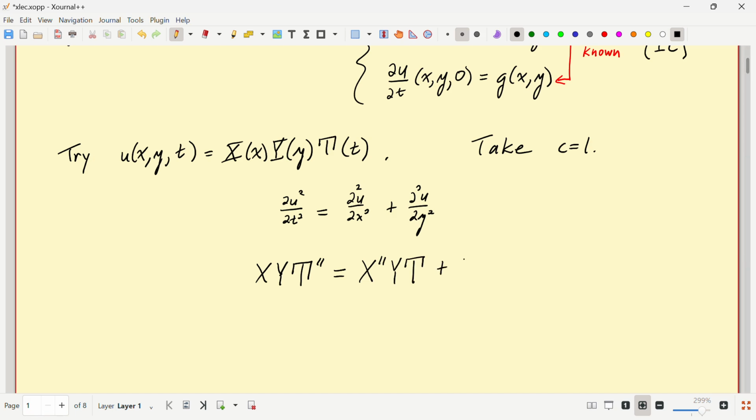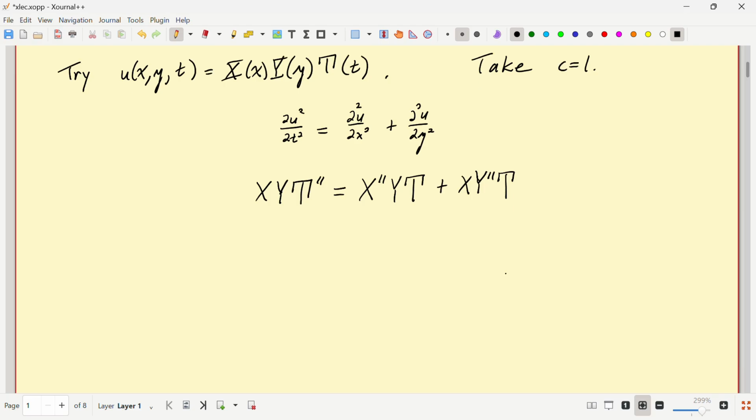And then the y derivatives would pile onto the Y function as ordinary derivatives. That's the virtue of this reduction. And that looks like it's a mess, but it turns out if you divide by XYT, you'd be partially successful at separating your variables.